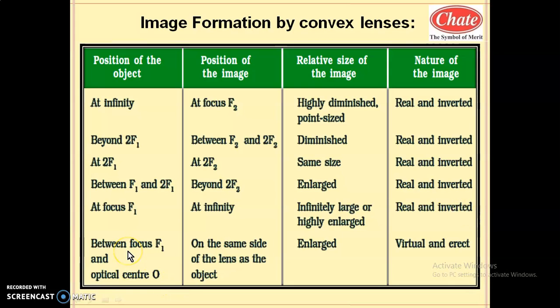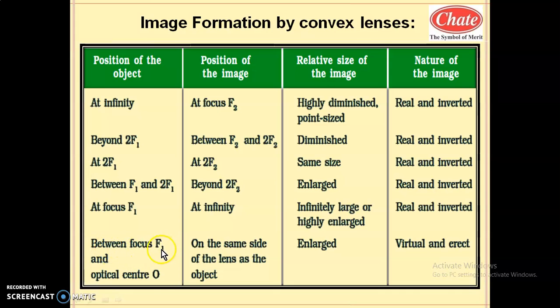Now last case for the convex lens. If the object is in between F1 and O, in case of concave mirror, we have studied when the object is in between F and P, the image will be behind the mirror. It was virtual and erect. It was enlarged. So same is the case here.